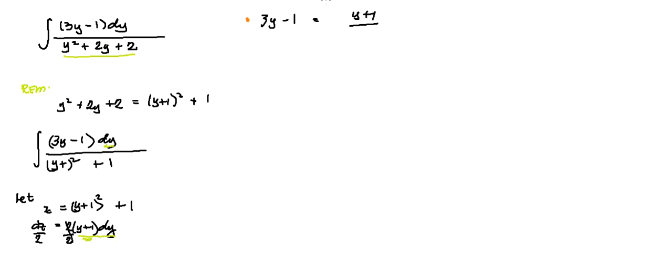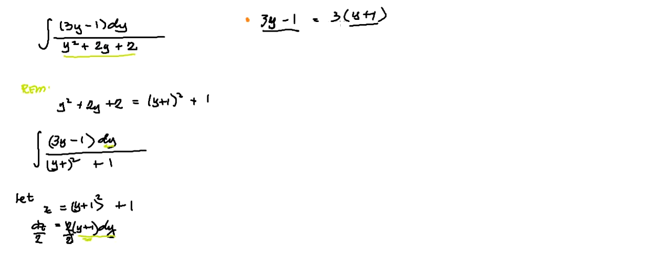So how can we do that? By simply analyzing this 3y minus 1, we have y plus 1. At the left side of our equation, we have 3y, so maybe we can multiply this by 3.